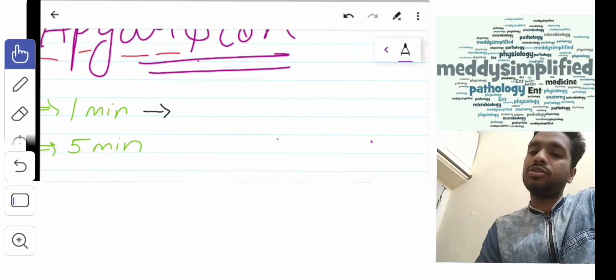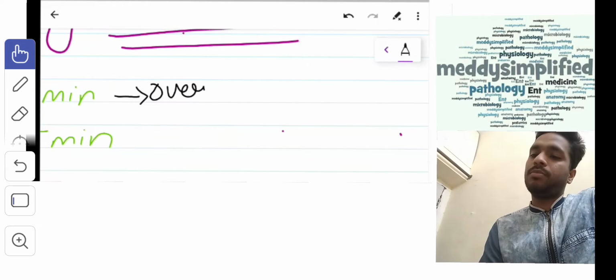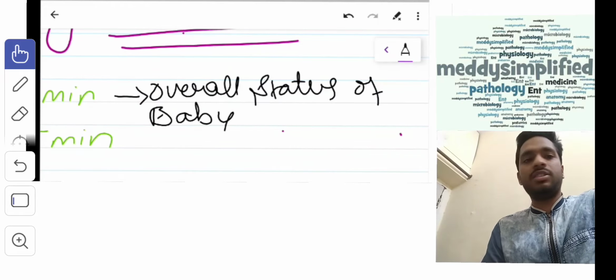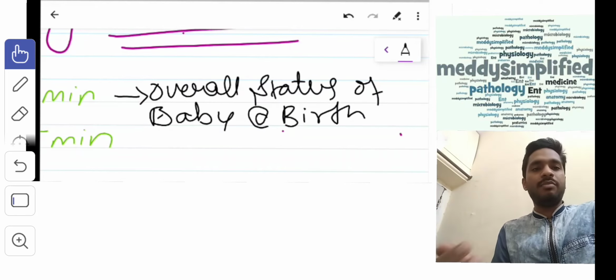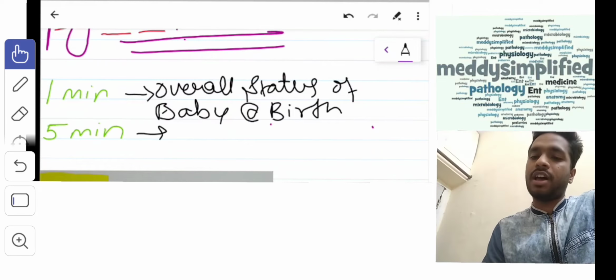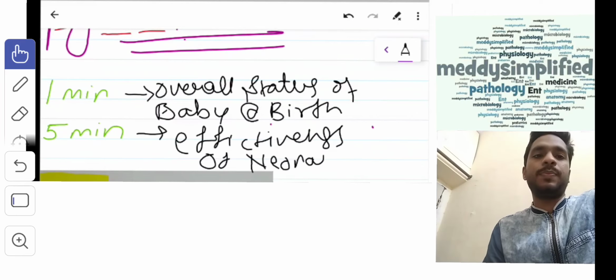The Apgar Score at 1 minute tells us the overall status of the baby at birth. After this we do resuscitation. So the Apgar Score at 5 minutes will tell us about the effectiveness of the neonatal resuscitation.